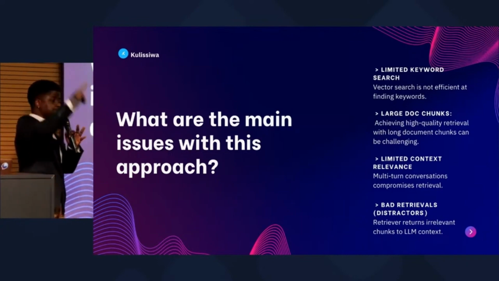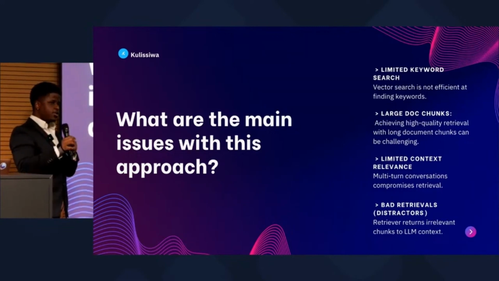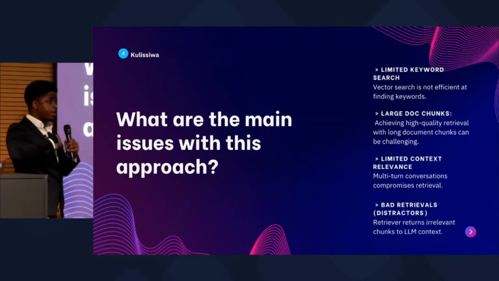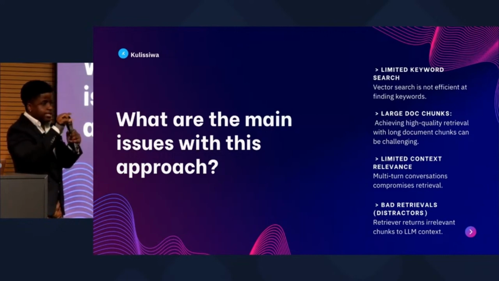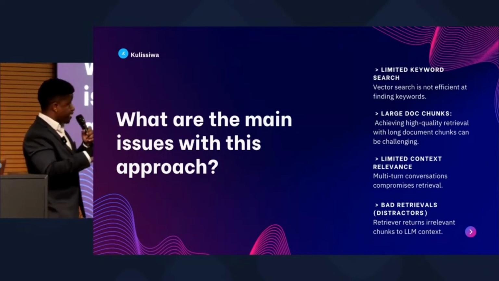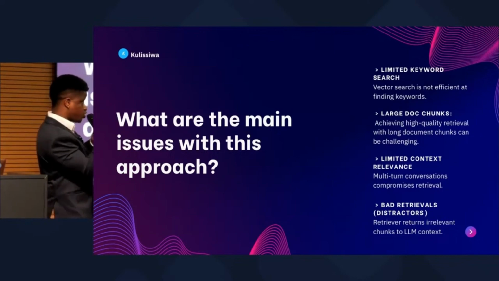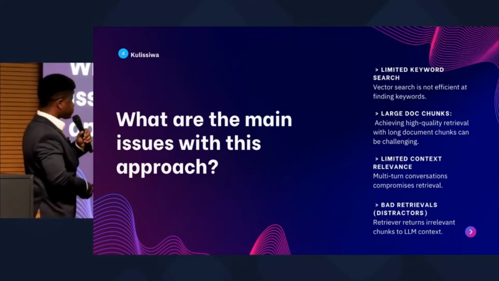I was embedding an entire page, and I noticed that there was this particular question. The answer is there. I know where the answer is because I read the document, but the answer is in the middle, and there's no way you can find similarity because the answer is in the middle of the sentence. So one way to approach this is by finding a way to not have large chunks, and I will talk about that.